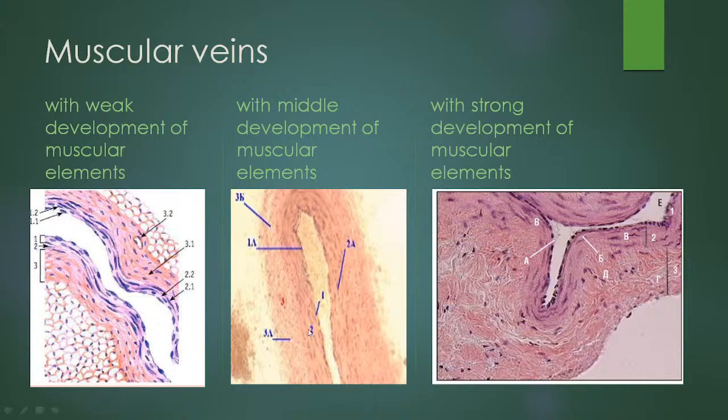You can see number 2, Tunica Media, with middle development, consisting of smooth muscle cells without external elastic lamina. And Tunica Adventitia, number 3, consists of loose connective tissue with blood vessels and nerves.